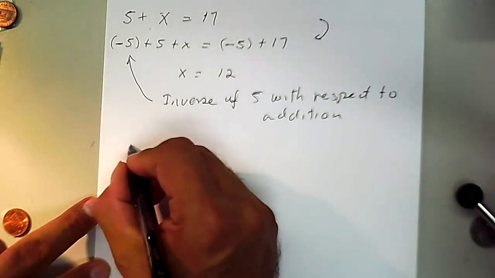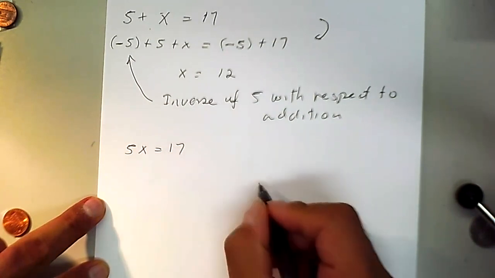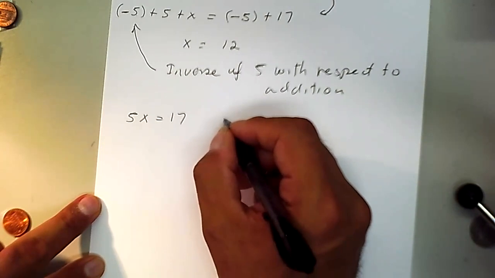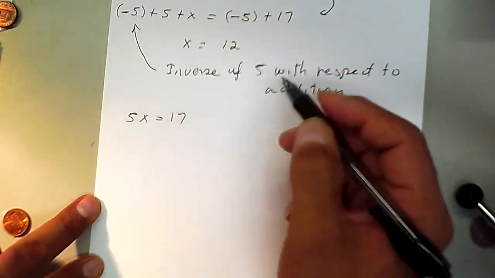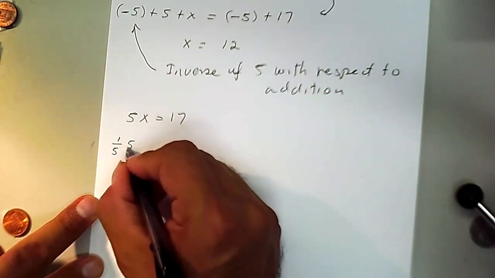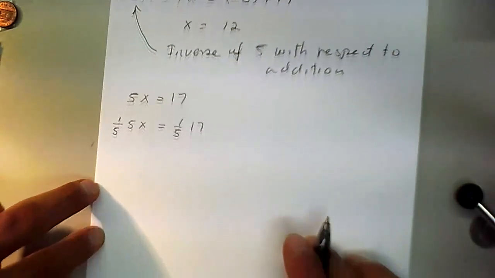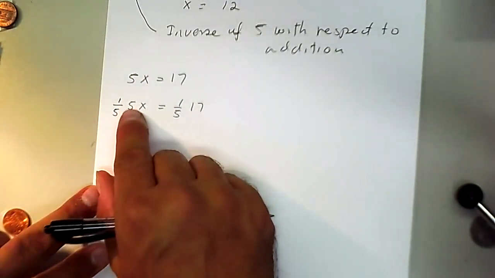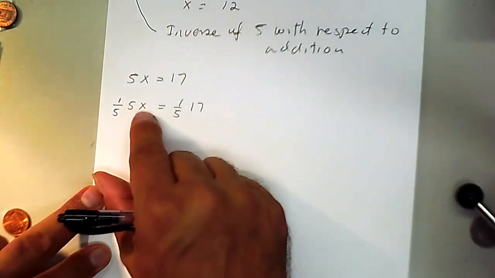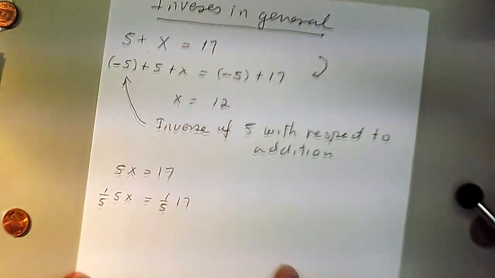On the other hand, if you have 5x equals 17, so this is a new example, how do we solve the equation? Well, you know from algebra 1, divide by 5. But the other way to think of it is multiply by 1/5 on both sides of the equation. That causes us to have a 1, and 1 does not affect multiplication. 1 is neutral under multiplication, just like 0 is neutral under addition.